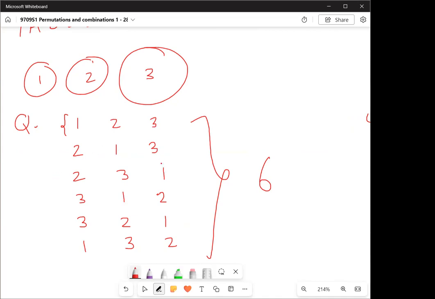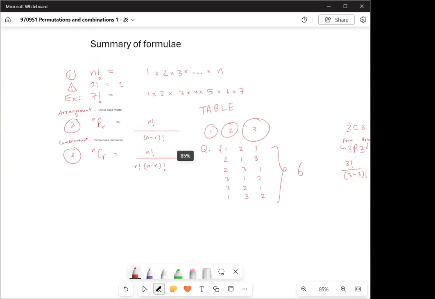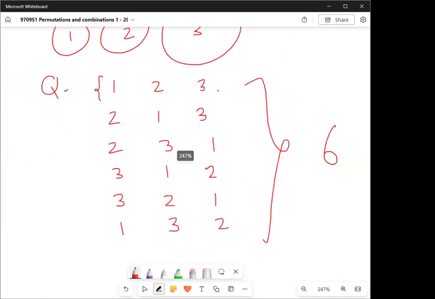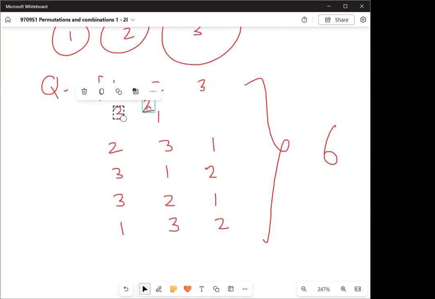The only thing changing is that the order is different. Since the order does not matter in combination, we consider all of these to be the same because they're the same numbers. It's like a bag. In the bag, we have the same numbers. It doesn't matter if they're up, bottom, below, anywhere.